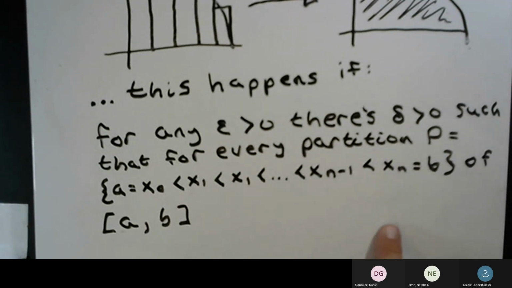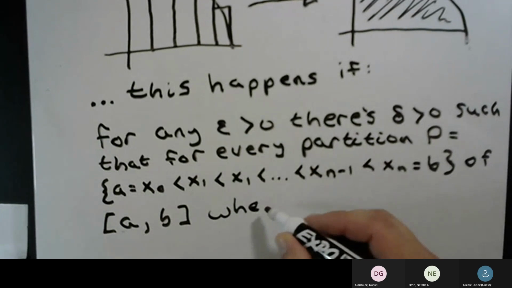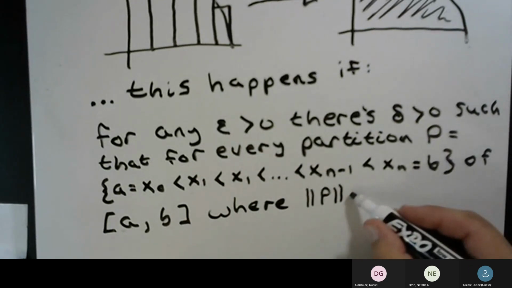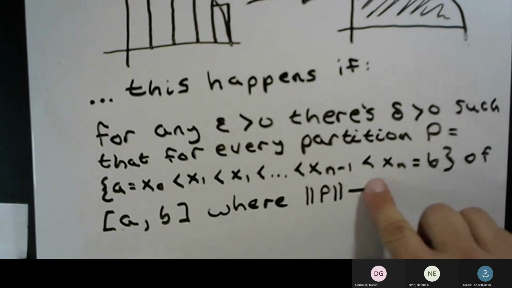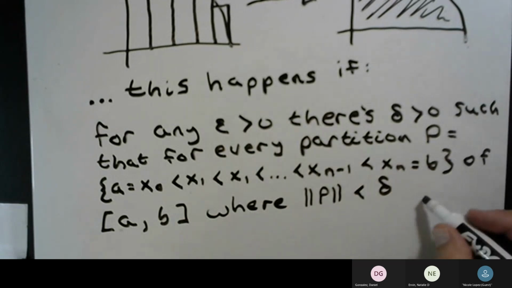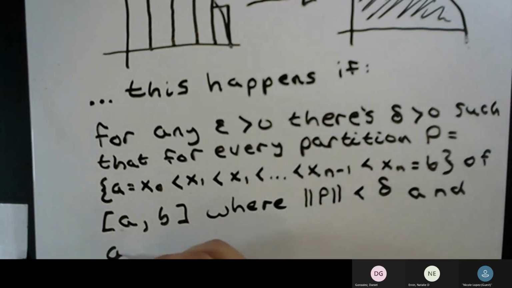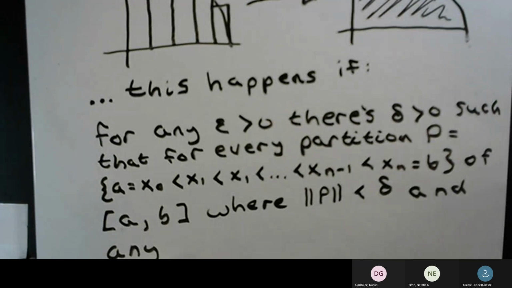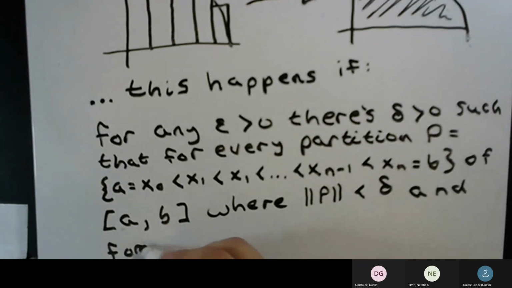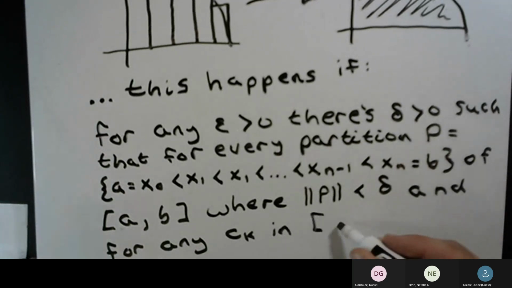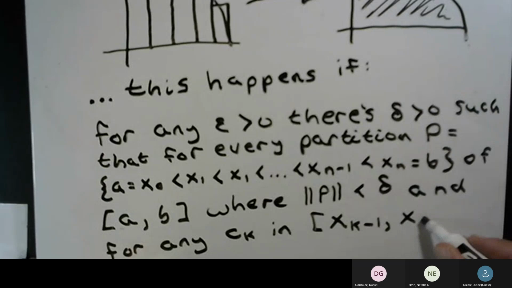So every time we do this, where the width of the largest subinterval, that's what this stands for, is less than delta, and any CK in one of these little subintervals. You can have something like this.